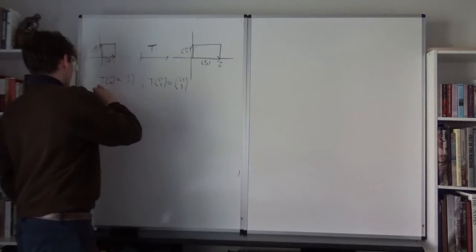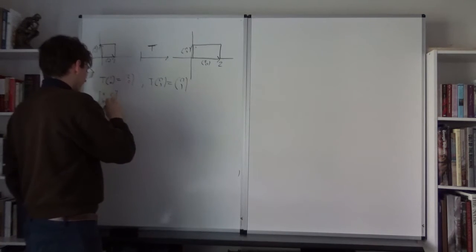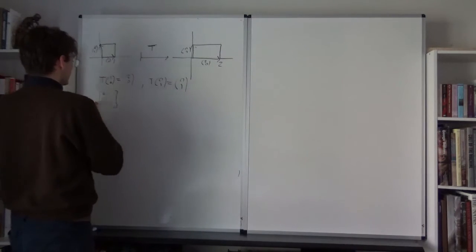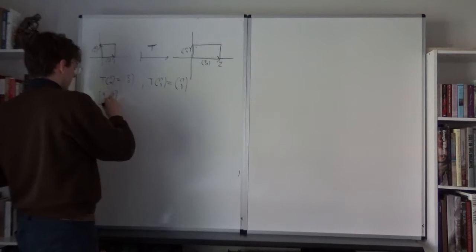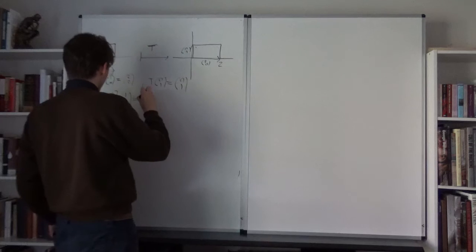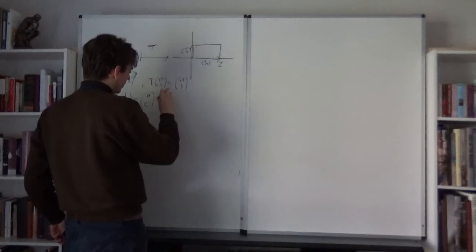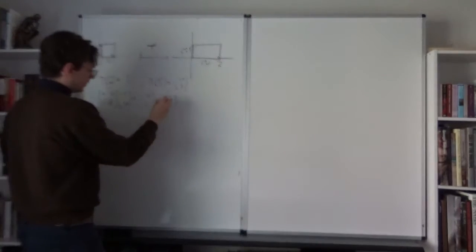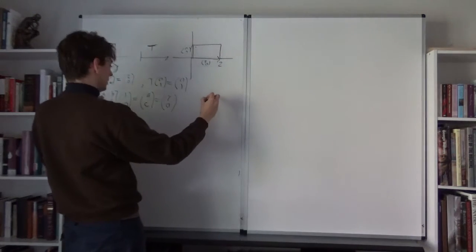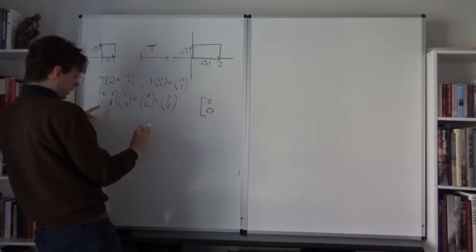If I put in A, B, C, D, using the more conventional way across the rows, and I put in 1, 0 here, I get out A and C, and that has to equal 2, 0. So A equals 2, C equals 0.